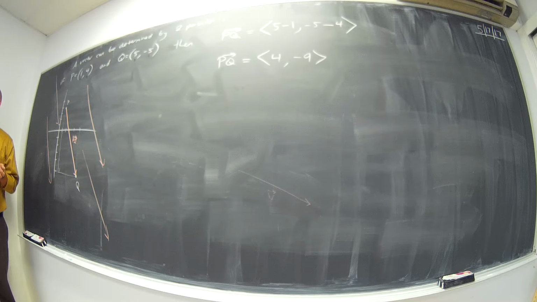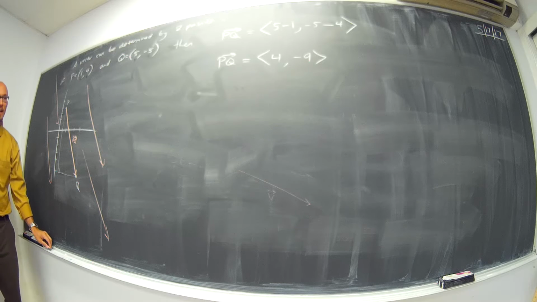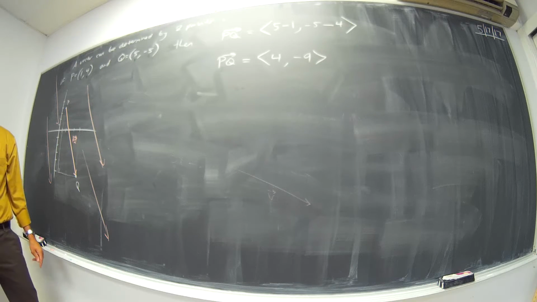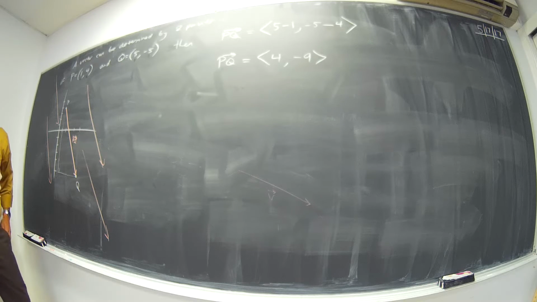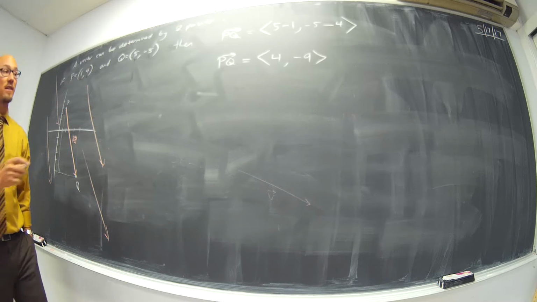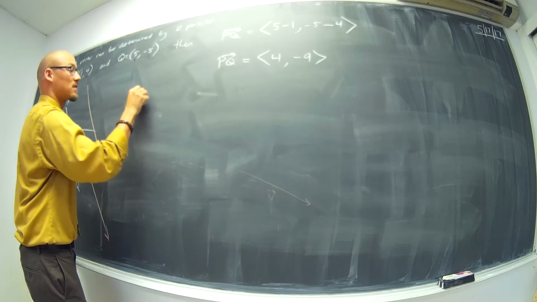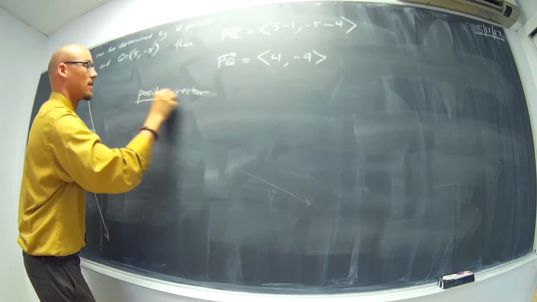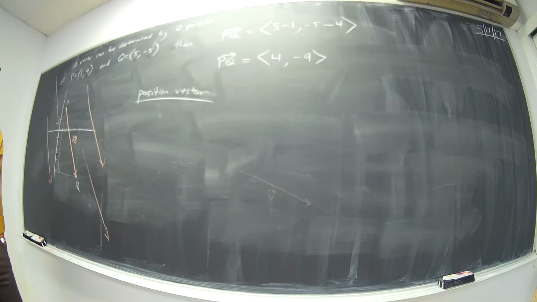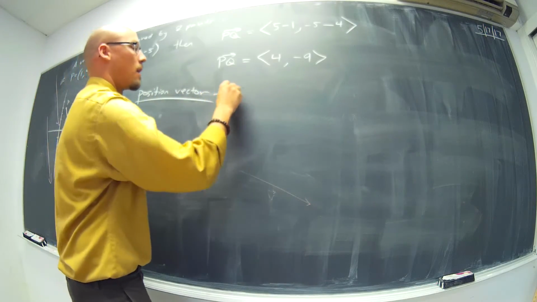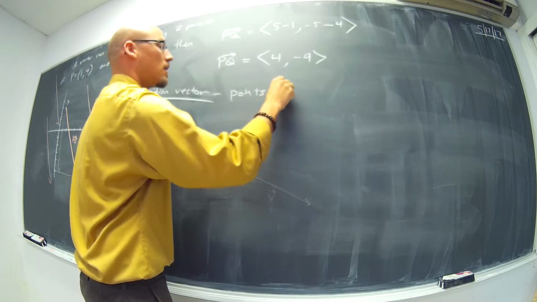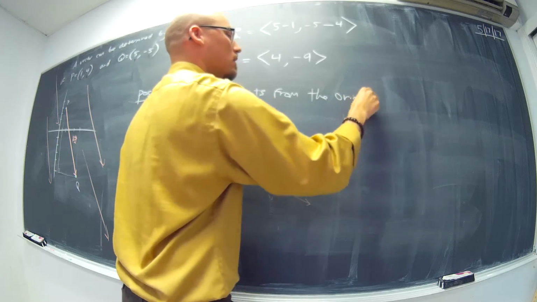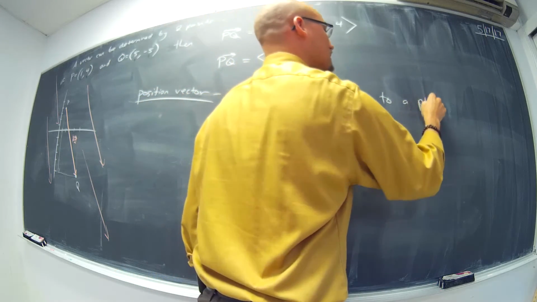What's the point of the vector? You don't know where it is. Well, there's a thing called a position vector. Man, there's so many words. A position vector points from the origin to a place.